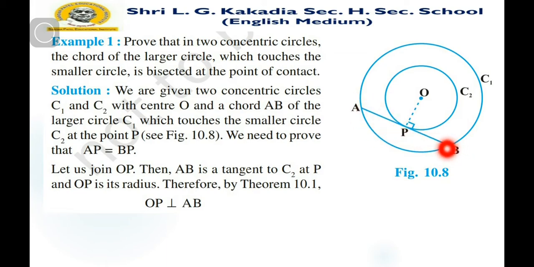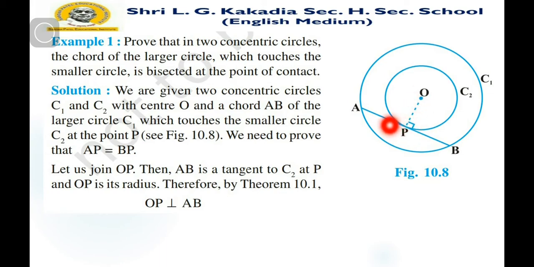For that, you can see that AB is a tangent of C2 and OP is a radius of C2. So here we can see that AB is perpendicular to OP, as by theorem number 10.1.